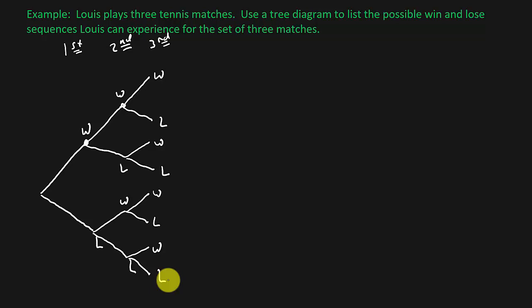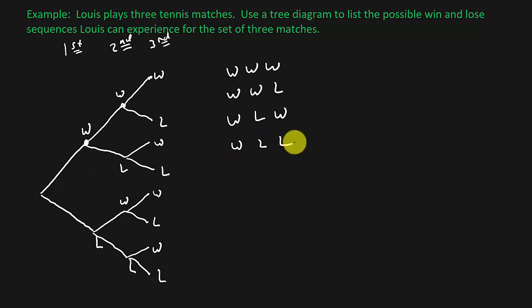And now it's easy for us to list out all the different outcomes of the 3 matches. So let's write them all down. He can win, win, win. So there's one outcome. Or he can win, win, lose. Or he can win, lose, win. Or he can win, lose, lose.